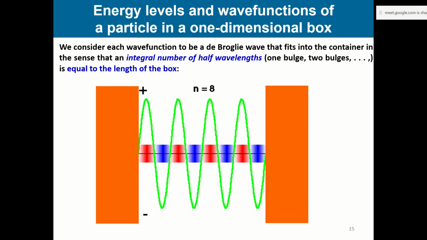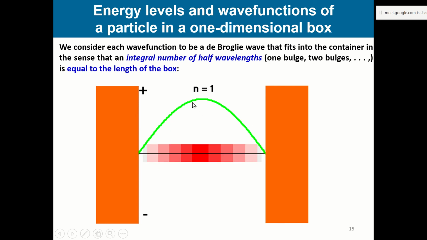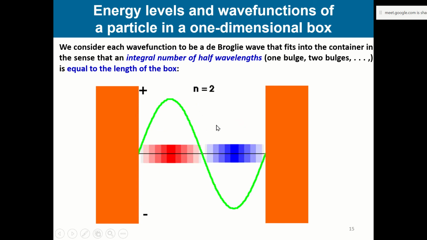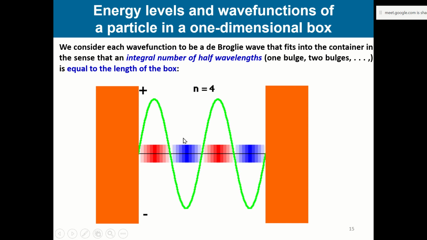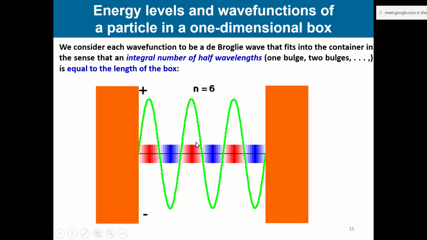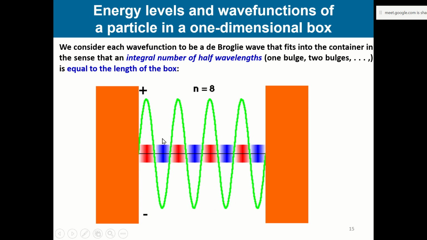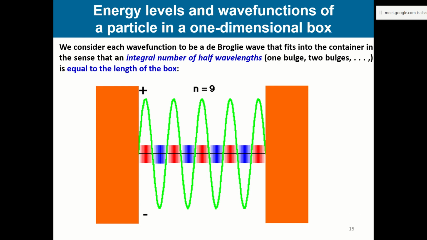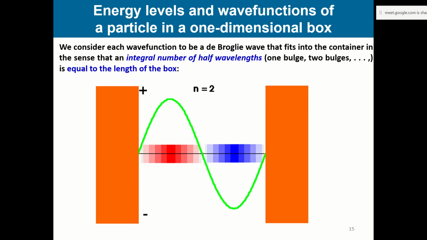What you see here is a very important thing. When you take one half wave, two half waves, three half waves, or four half waves, it perfectly fits the container and satisfies all the points of postulates 2 and 3, and also the boundary conditions.